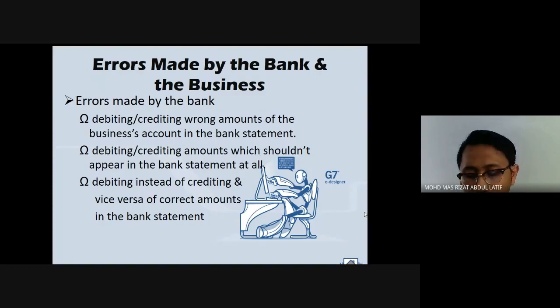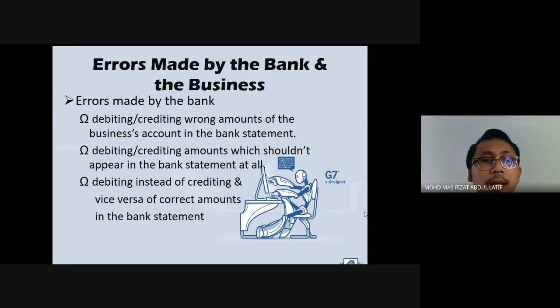Sepatutnya 6,000 supaya dia tally dekat bank account you tu sebelah debit. Tetapi apa yang you perasan, dalam bank account cash deposit 6,000. However, in bank statement cuma 600. Apa silap dia? Dia tertinggal satu kosong. Jadi sebab tu dah tak balance. Nampak? Dia punya side tu betul, credit column, tetapi salah amount.